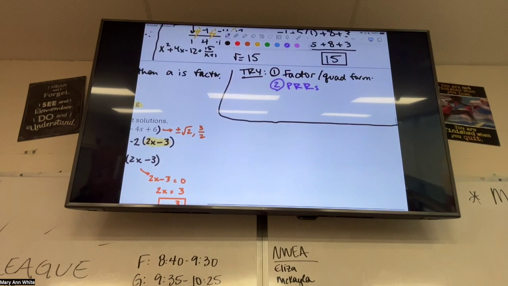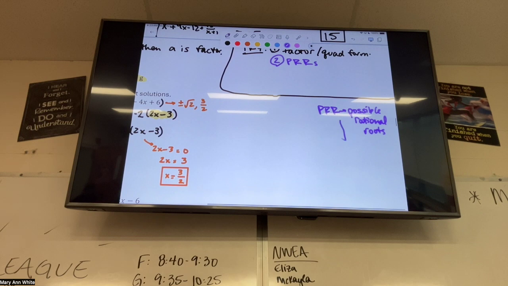I'm not going to put it in that box because that's going to be our reference box. Under here, I'll write PRRs. And that stands for possible rational roots. And we find that by looking at my constant divided by my leading coefficient. I'll give myself a little bit more space to write that out. The numerator is factors of my constant.